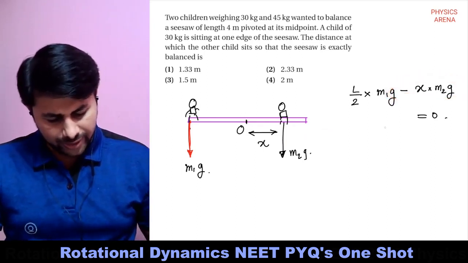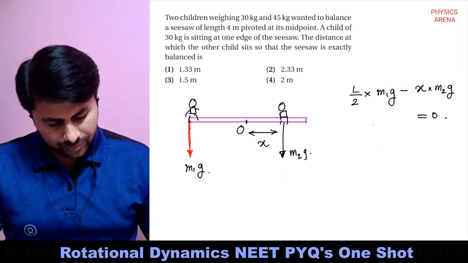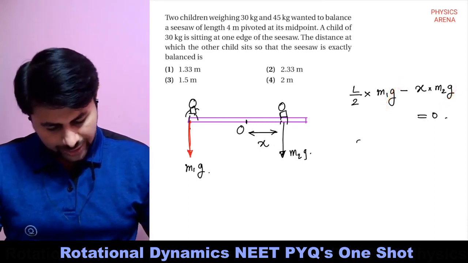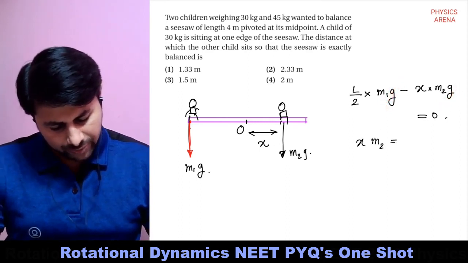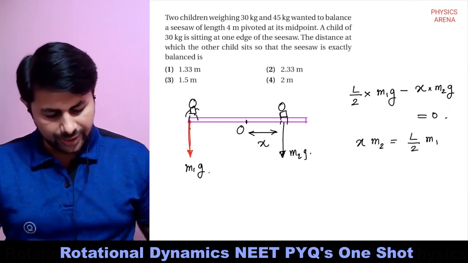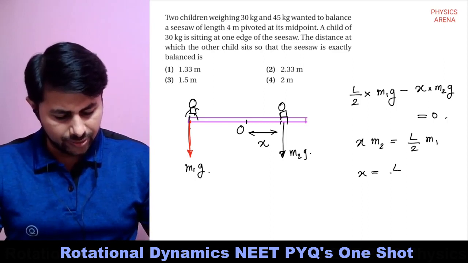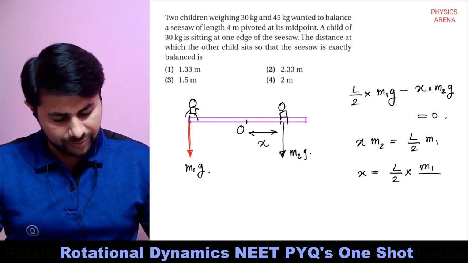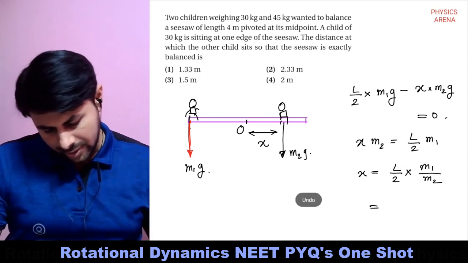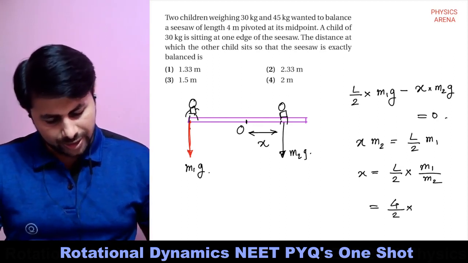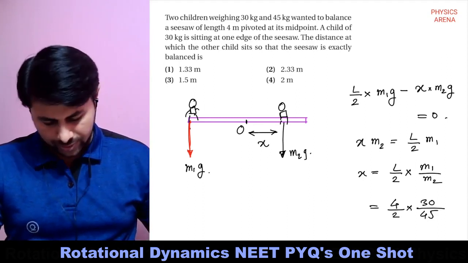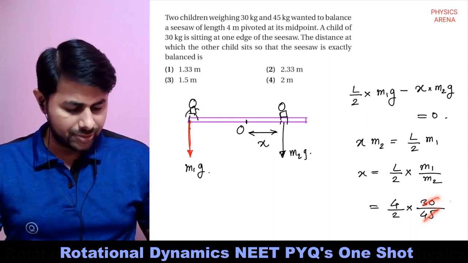We can cancel out g and g, so x times m2 is equal to L by 2 times m1, and we can take m2 to the other side, so x is equal to L by 2 multiplied by m1 divided by m2. How much is L? L is 4, so 4 by 2 multiplied by m1 is 30, m2 is 45, so 30 upon 45 is 2 by 3.